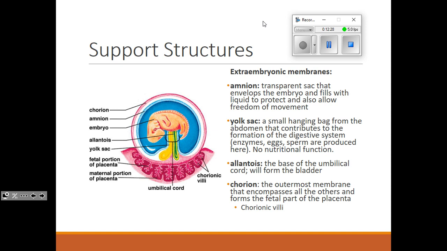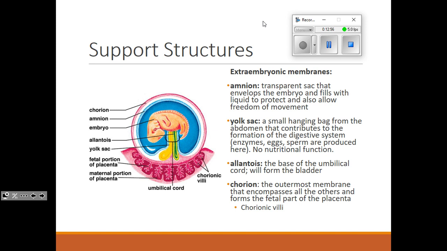But it does not have a nutritional function in humans the way it does in other organisms. And I'll explain that in a minute, because when we're done this slide, I'm going to show you what it would look like in other organisms. Now, eventually, this yolk sac, you can see here, it's forming a tube between the baby and the placenta.